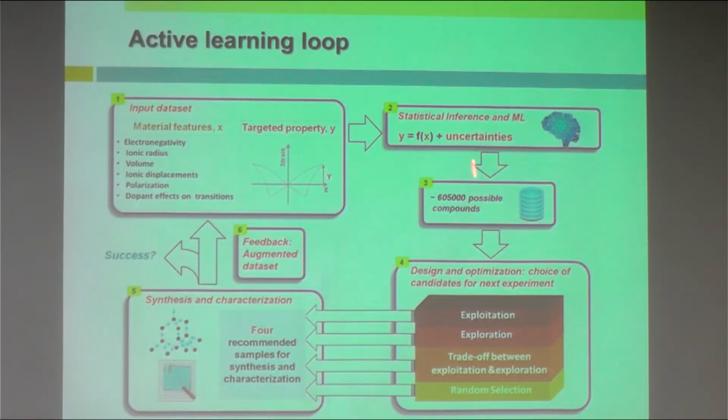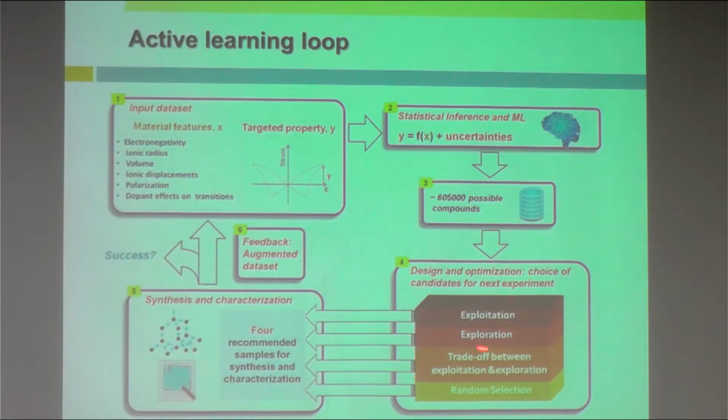Then you have a possible compound of 605,000. Okay, that is the possible compound. Next, design and optimization, choice of candidate for the next experiment. This is within whether you do exploitation or exploration.